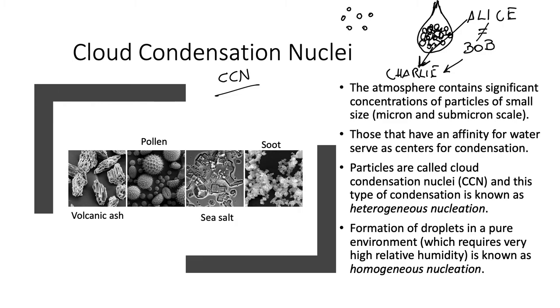Heterogeneous means that you have different substances within the droplet. If, on the other hand, you don't have this dirt particle and your water droplet was formed because the relative humidity was so high that these particles just stuck together, in this case we talk about homogeneous nucleation. Okay, this is possible, but it requires conditions that are not easily met on Earth.